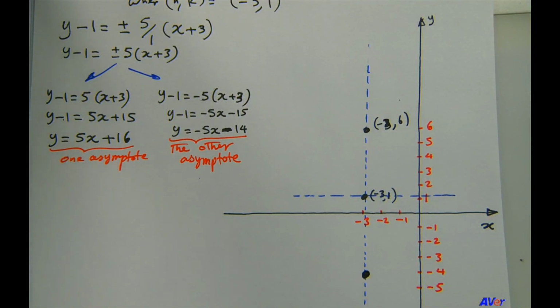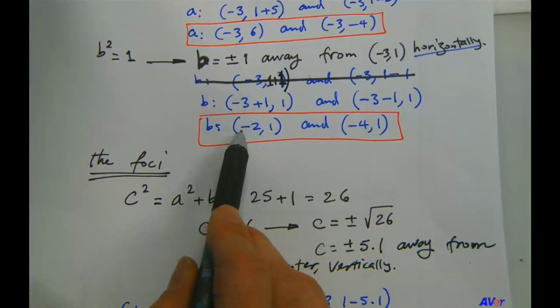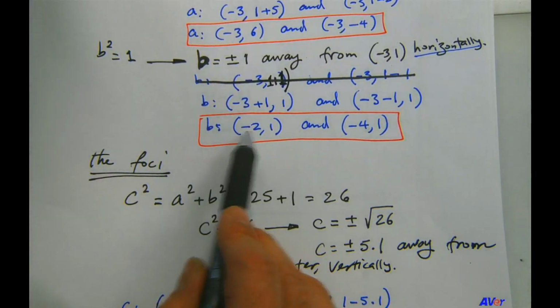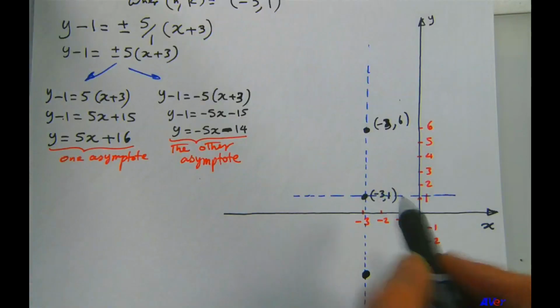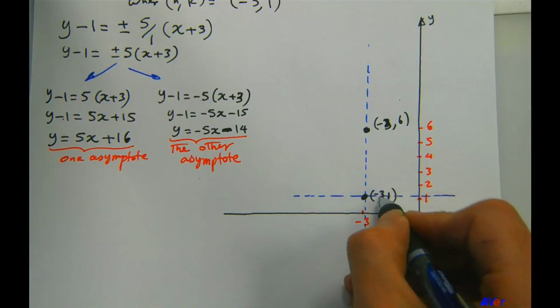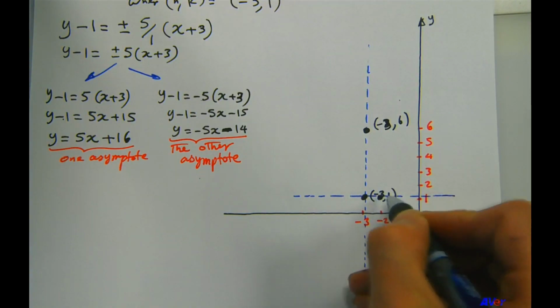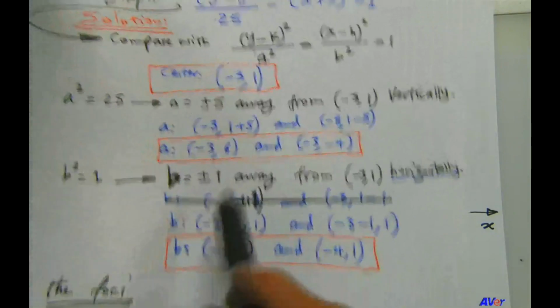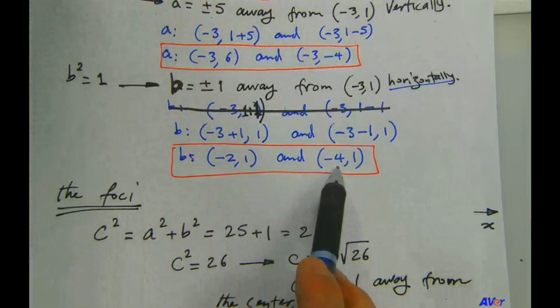Like that. And B, let's find that. One corner is going to be at negative 2 comma 1. So negative 2 comma 1 would be right there. And then the other one is going to be at negative 4 comma 1.